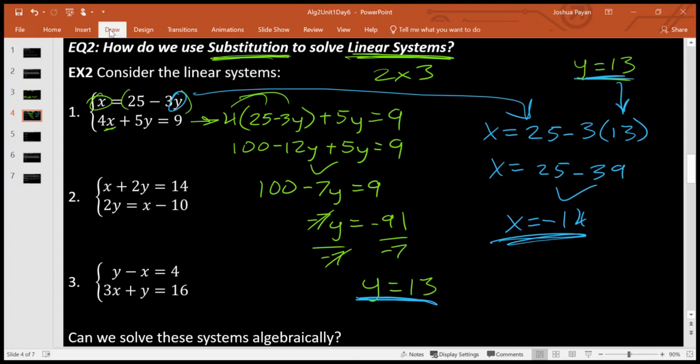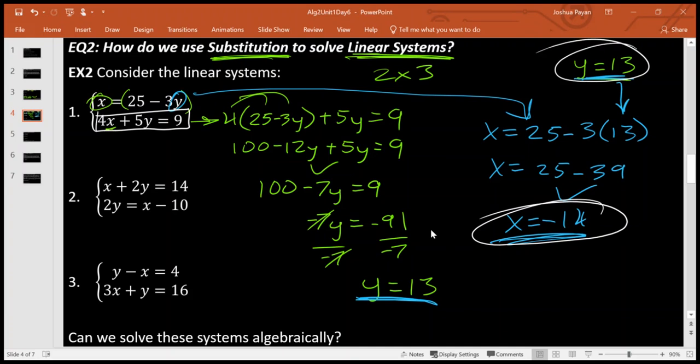So all I need now is to just prove my point to you so you don't think I'm just rambling nonsense and think I'm crazy. So when I plug into this equation the x and y that I've got, I should get 9. So 4 times x, negative 14, plus 5 times y, positive 13, is equal to 9.